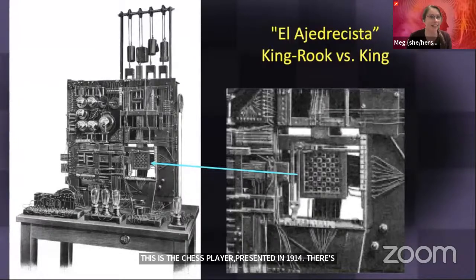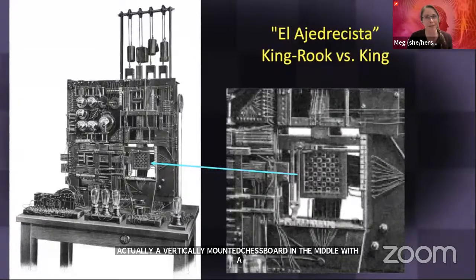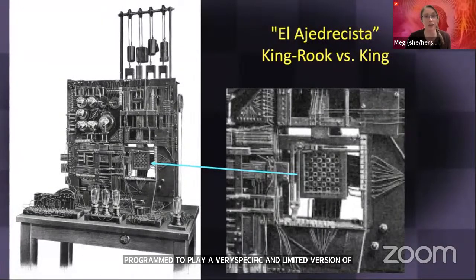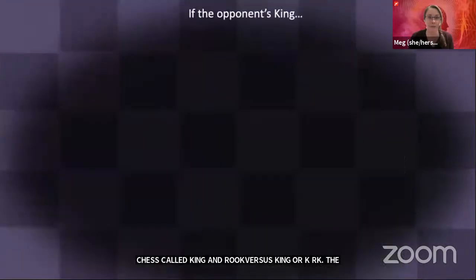And you might be thinking, that doesn't look like a computer that I'm used to, but it was programmed to play a very specific limited version of chess called King and Rook versus King, or KRK. The computer would have 2 chess pieces, a king and a rook, and the human opponent would have 1 chess piece, just a king.